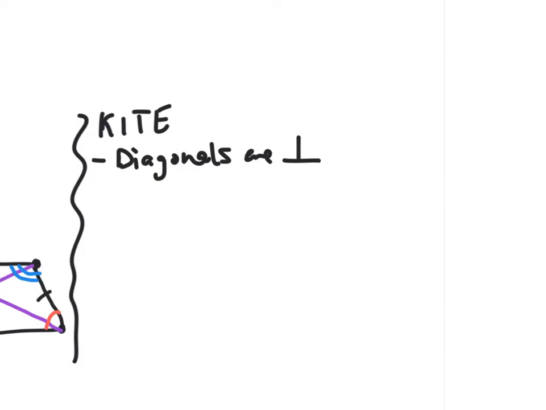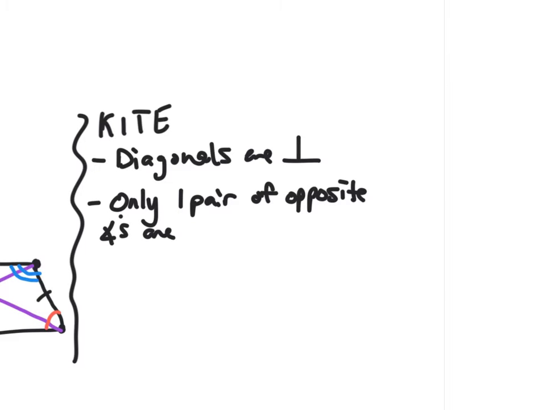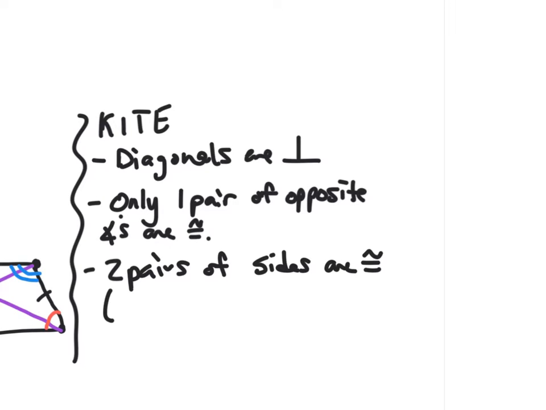And then I know that only one pair of opposite angles are congruent, okay? And then I have two pairs of sides that are congruent, but they are not opposite, okay?